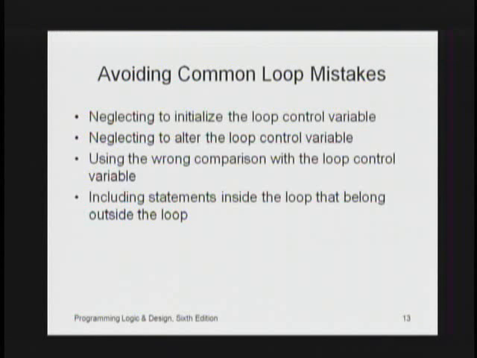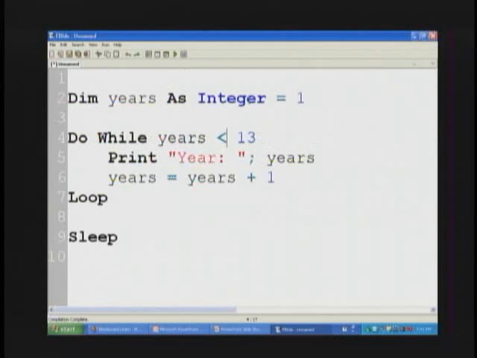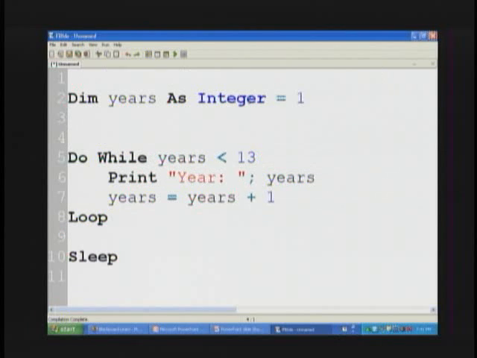Including statements inside the loop that belong outside the loop. This one is more of a performance thing. Sometimes what people will do is they'll have to do a calculation.